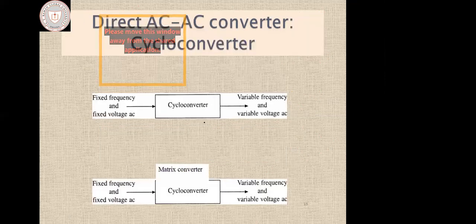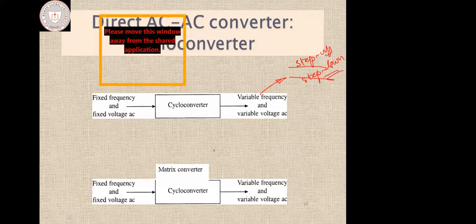And then the direct AC to AC converter would be a cycloconverter, where we need a variable voltage, variable frequency. So it would be a step up cycloconverter or step down cycloconverter. Is anyone remembering how a cycloconverter looks? Yes, sir. It looks like a dual converter, right? Yeah. Let me draw it again for you. It would be like this.